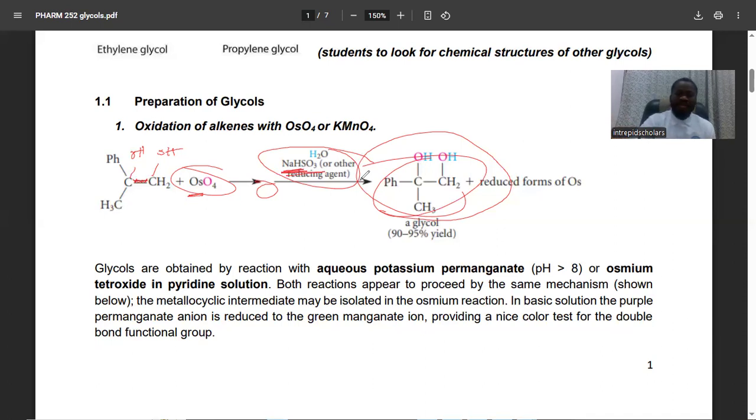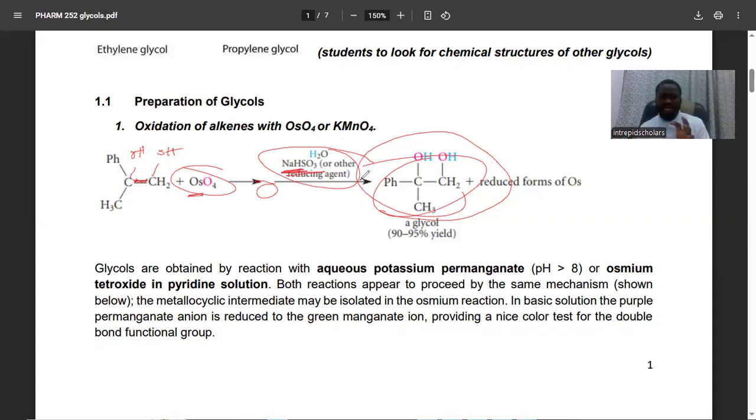Also, in basic solution, the purple permanganate ion is reduced to green manganate ion, which provides a nice color test for the double bond functional group.